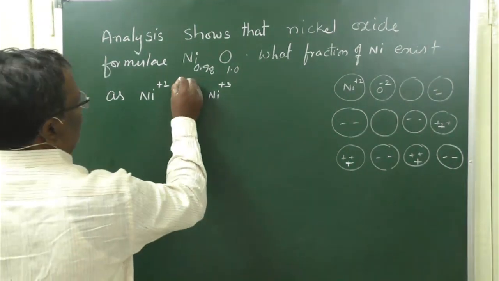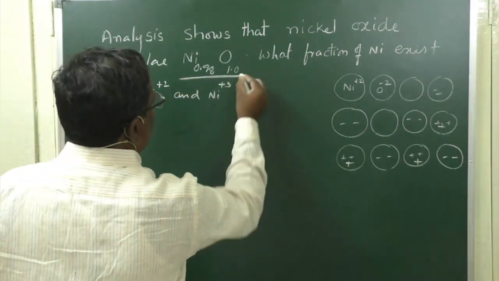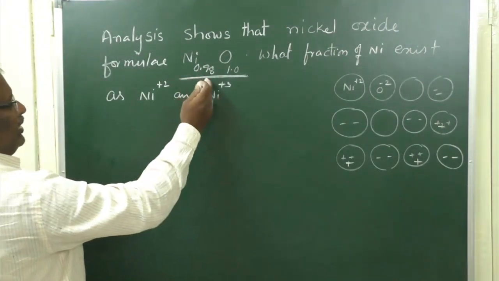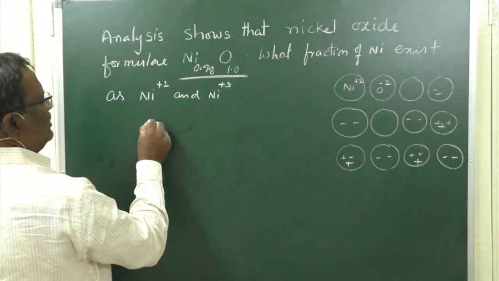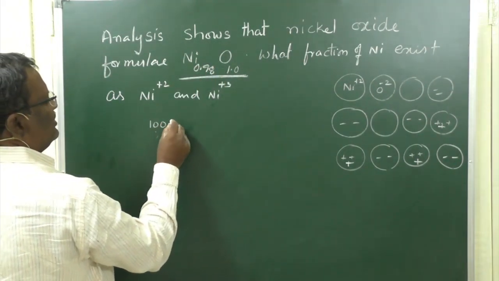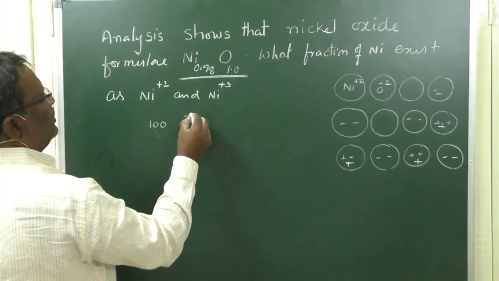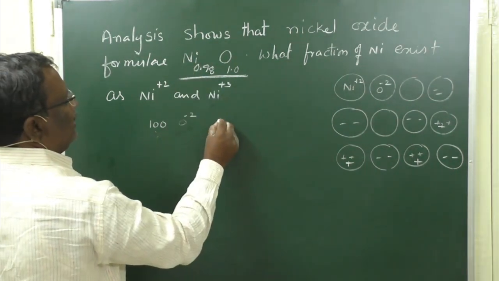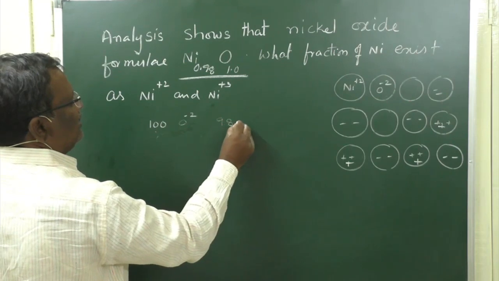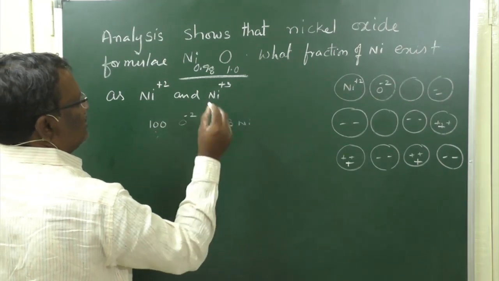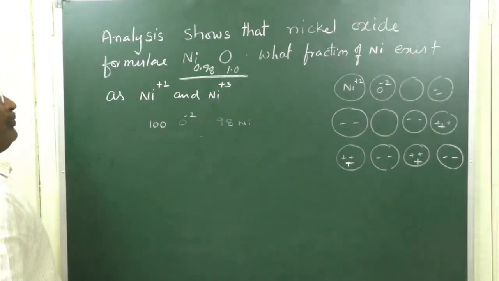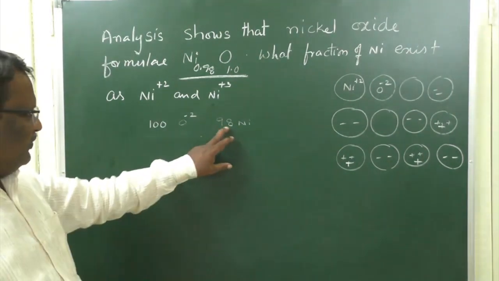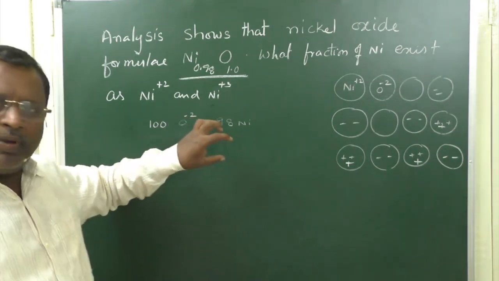From this formula, it is evident that for every 100 oxide ions, only 98 nickel ions are present, whether dipositive or tripositive, whatever it may be. Irrespective of this number, the charges must be equal.